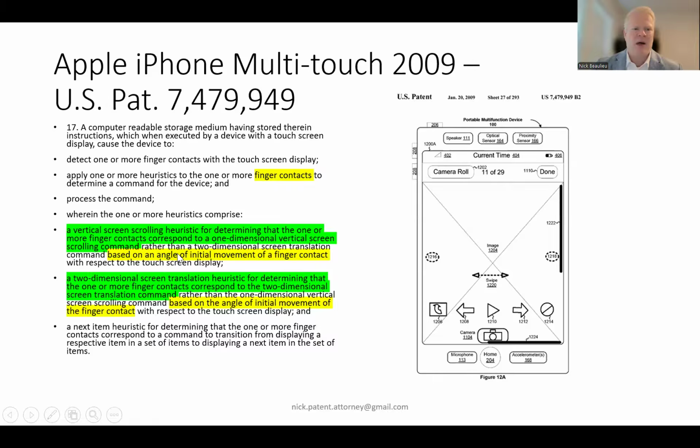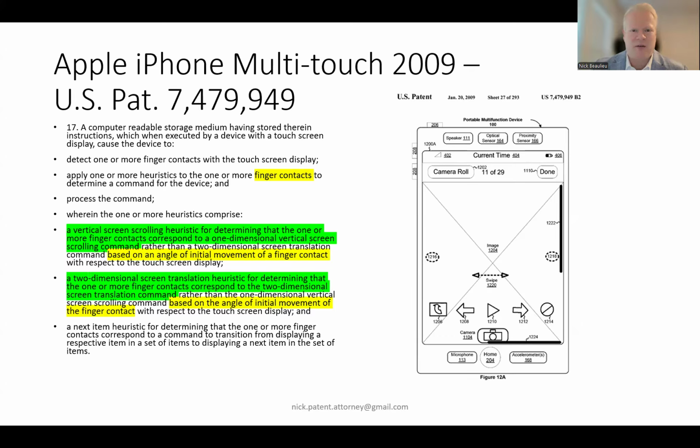Similarly, I have in the yellow, it says based on the angle of an initial movement of a finger contact. So that's saying you touch the screen and then you start to move. So it's looking at which direction, which angle that initial movement is. And I've seen some other inventions where they don't consider the initial movement. They say maybe that's a mistake.